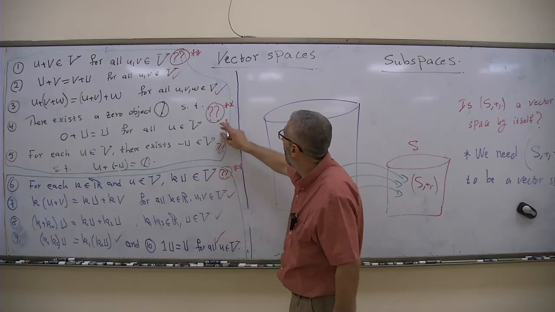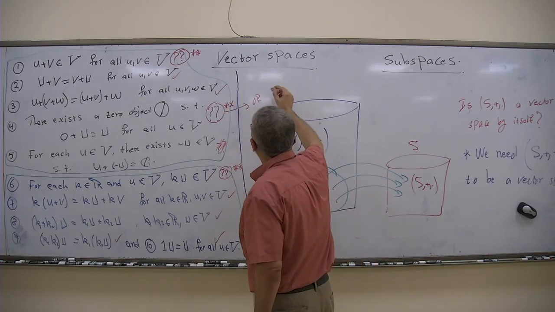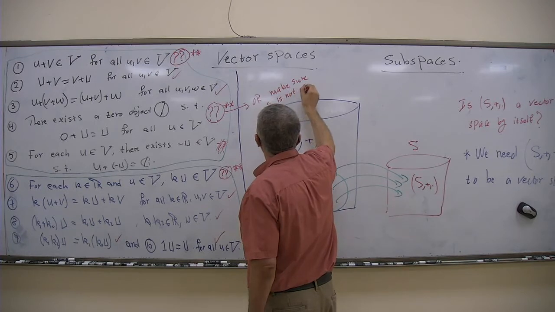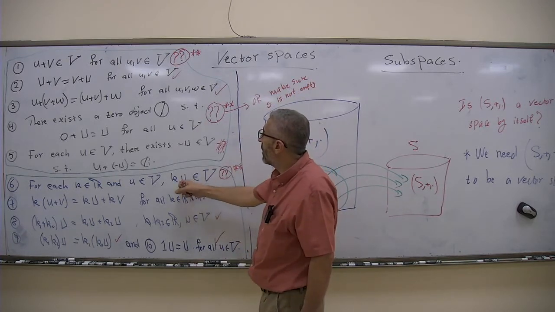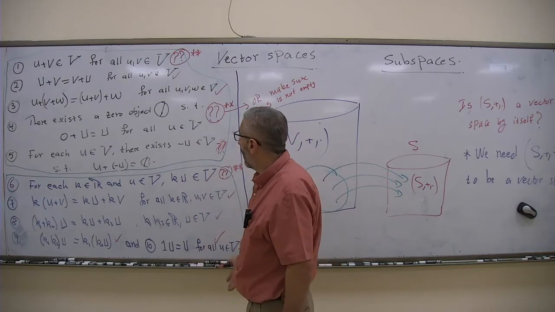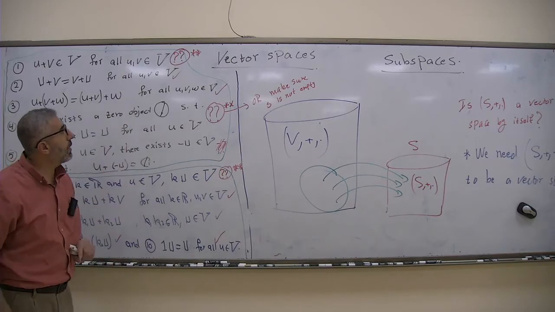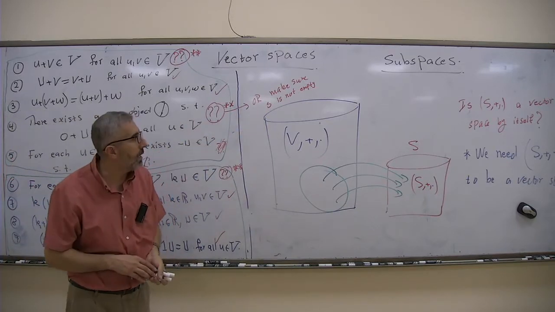So I can just say, instead of this, make sure S is not empty. If S is not empty, then this one, you get it from here, and you are fine. So basically, it narrows down to 2 major conditions, together with either the zero object is there, or you need to guarantee it is not empty.